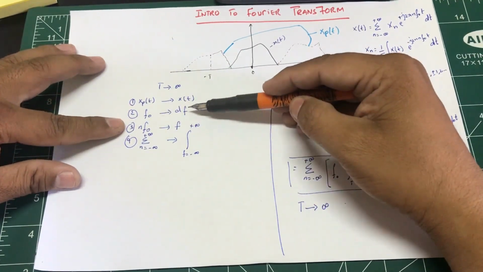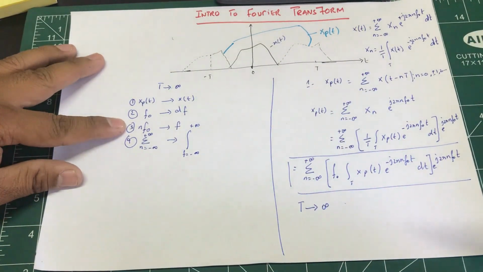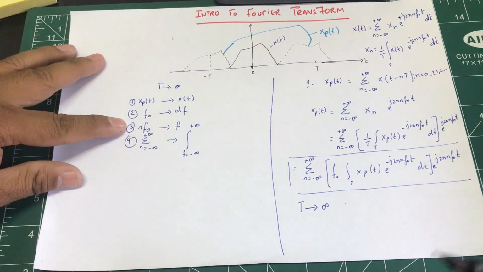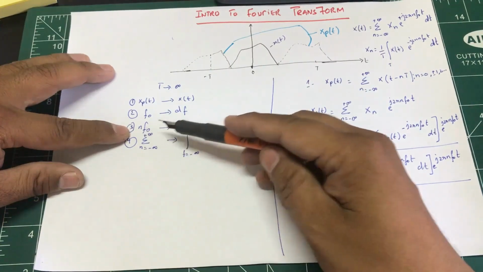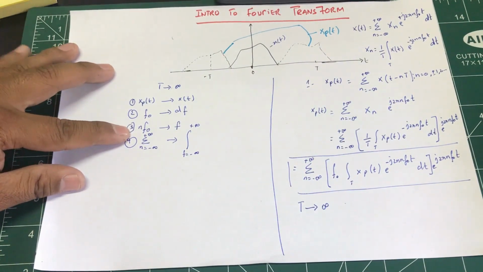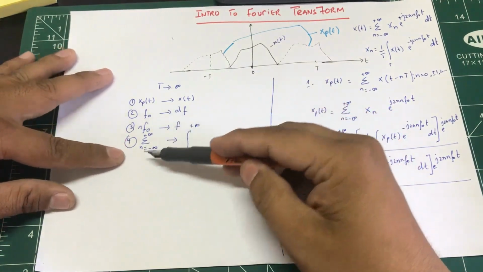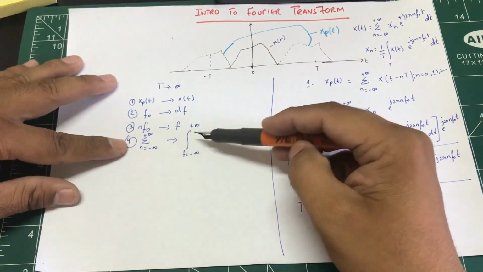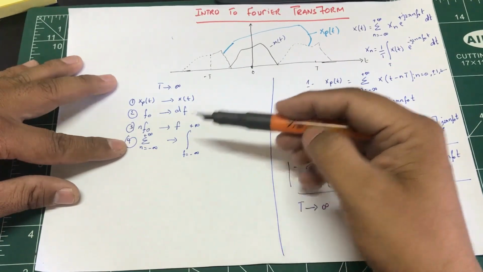The f0 will become df, because when the frequency is going down, the separation is no longer an integer multiple but much smaller. You can take as many steps as you want to make that the fundamental frequency, which is f, and the summation will become your integration.